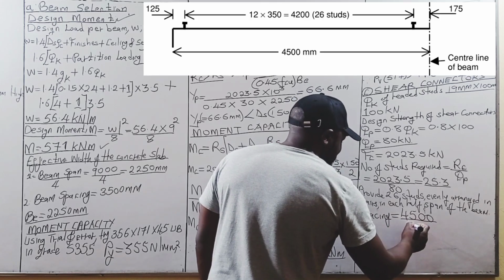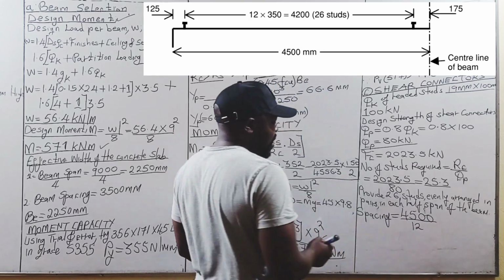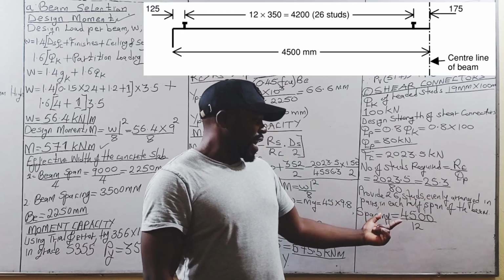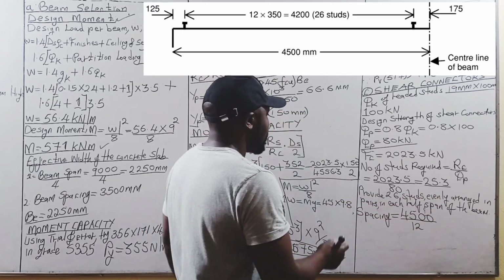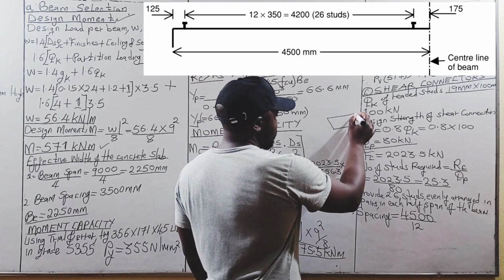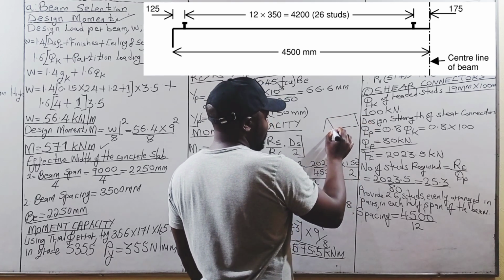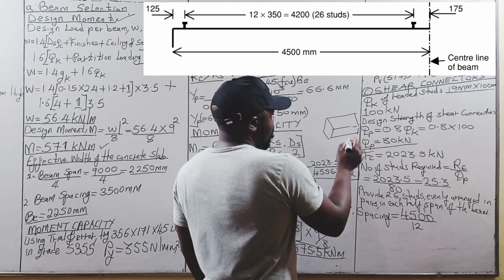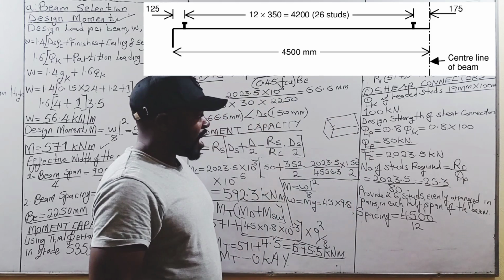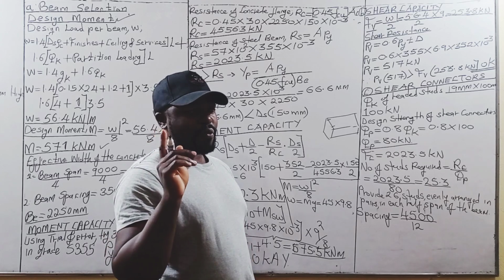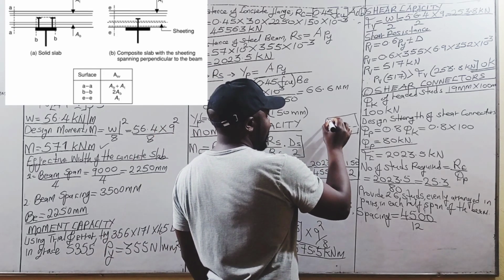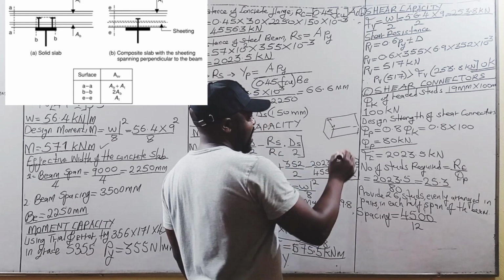Then we divide by 12 studs so that we can get the spacing of the studs. Why 12? Because if this is a beam section, on each side of the beam, we are going to have one pair of studs, so a stud on this side and a stud on the other side.